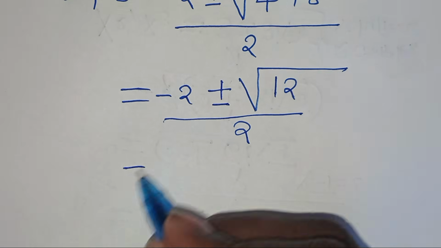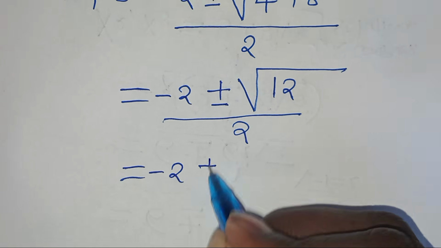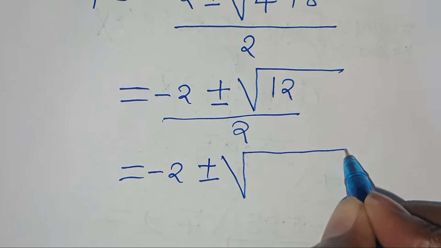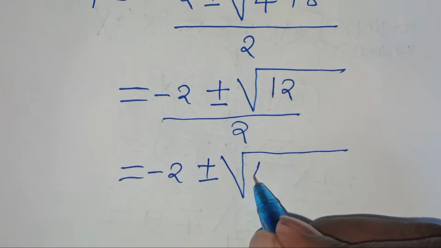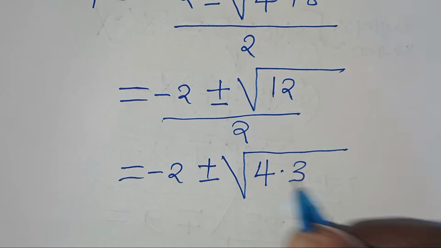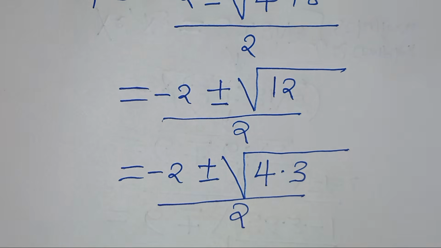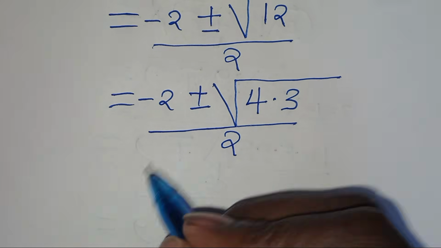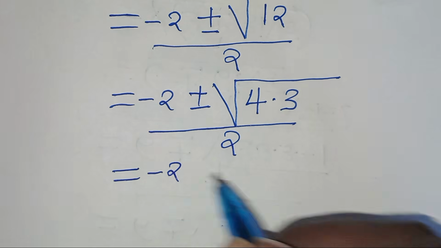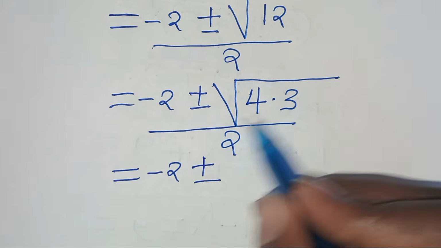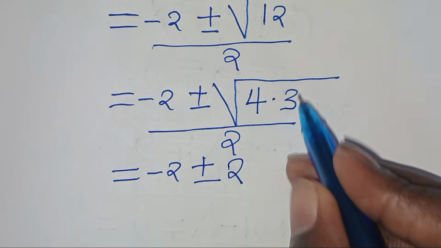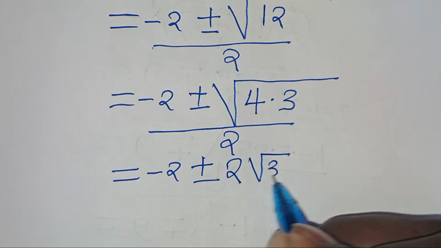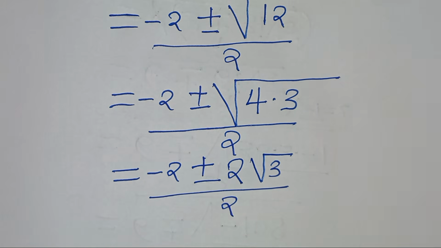So the next step is that we have negative 2 plus or minus the square root of 12. We can express this as the square root of 4 times 3 divided by 2. So that now this is negative 2 plus or minus the square root of 4, this is 2, then square root of 3 divided by 2.